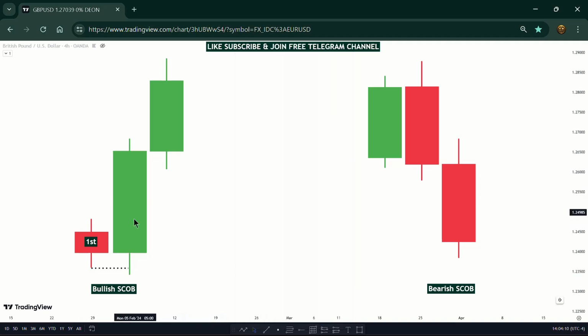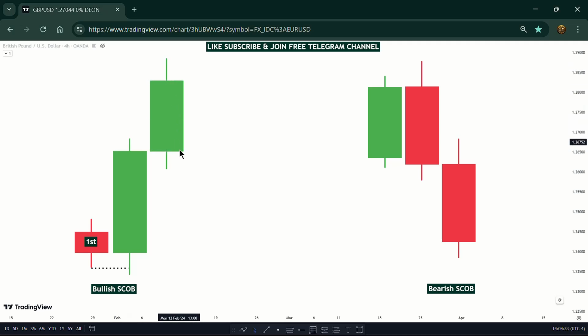Okay. So when this candle sweeps the previous candle's low, it is not yet a single candle order block. It only becomes a single candle order block when you have another candle that closes above this candle's high here.